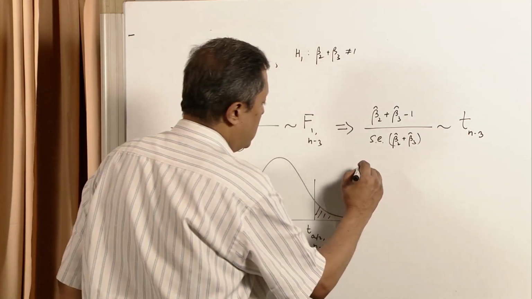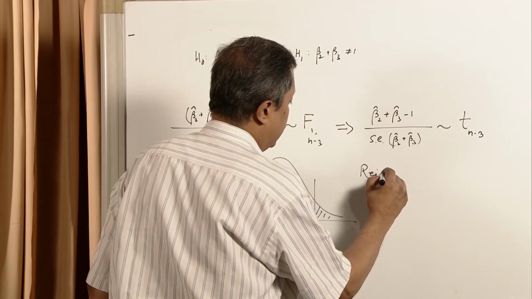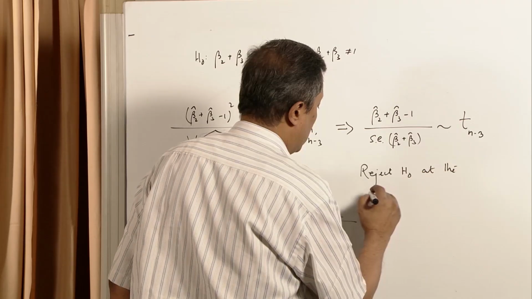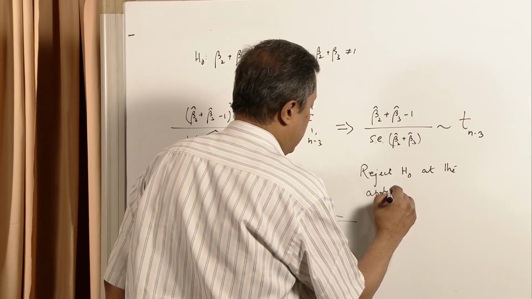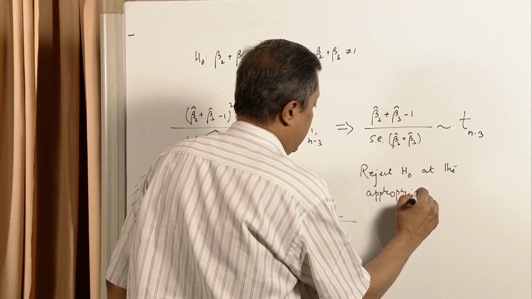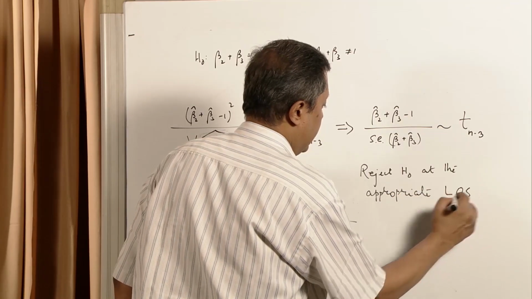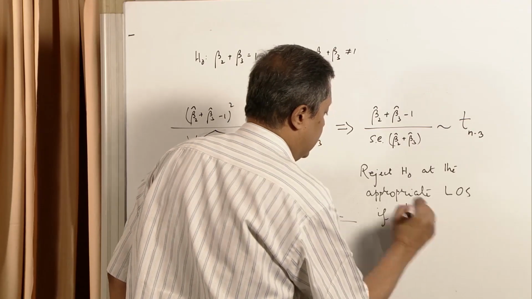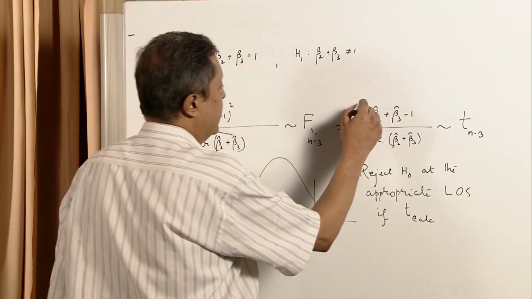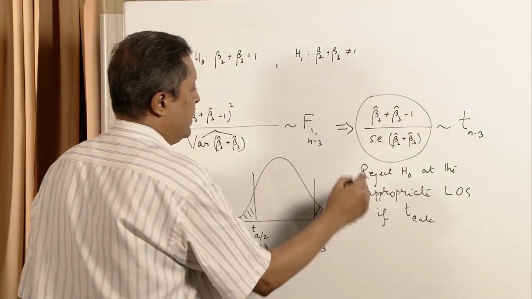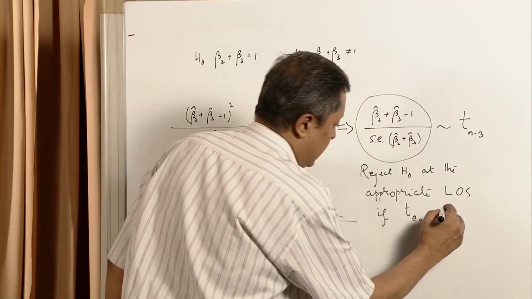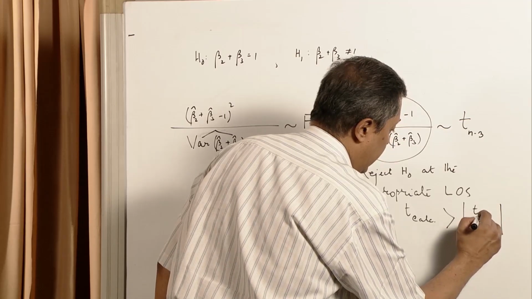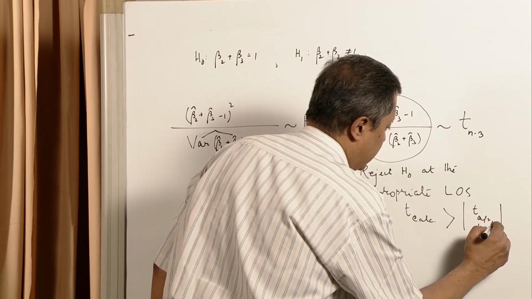So, the decision rule is we reject H naught at the appropriate level of significance if t calculated exceeds the modulus of t alpha by 2, n minus 3 degrees of freedom.